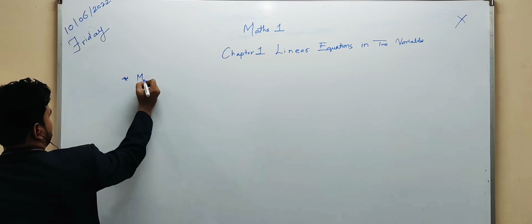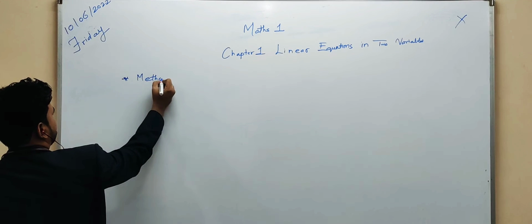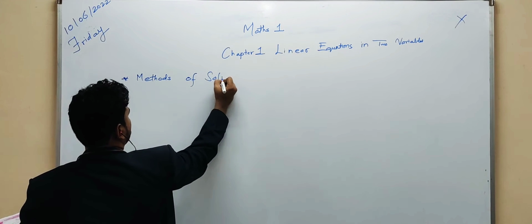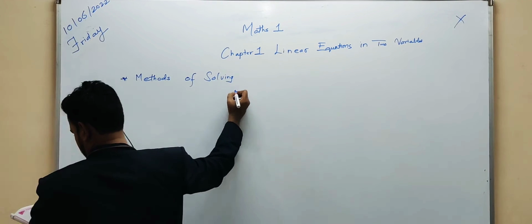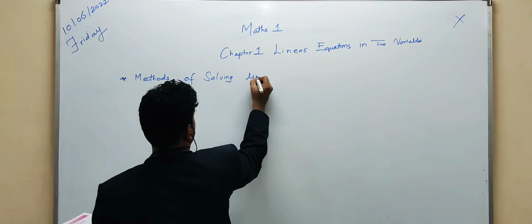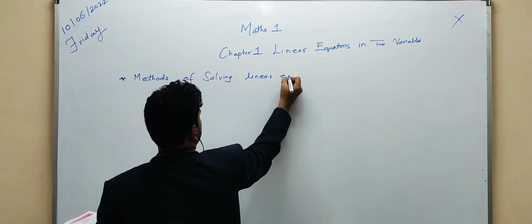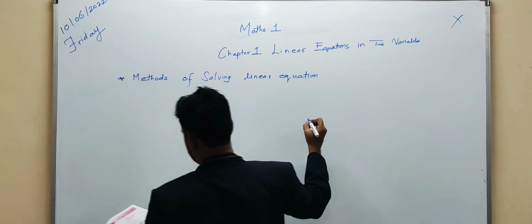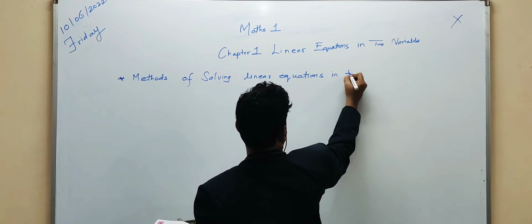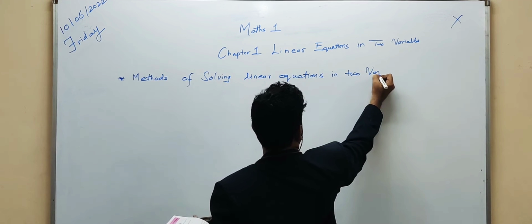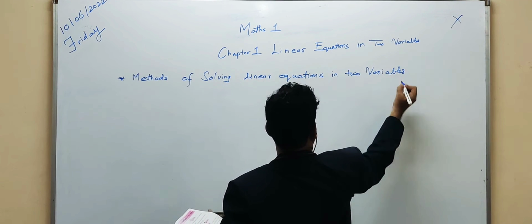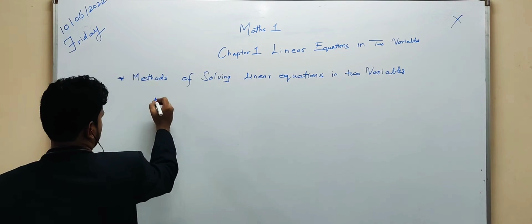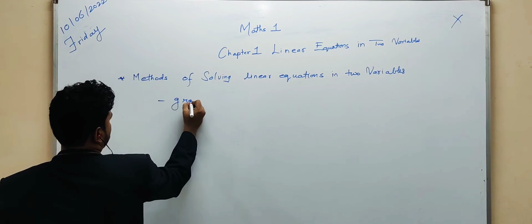First is methods of solving linear equation in two variables. That graphical method is there.